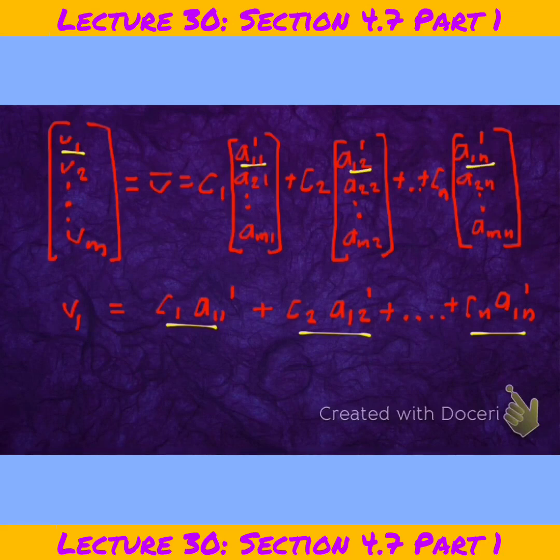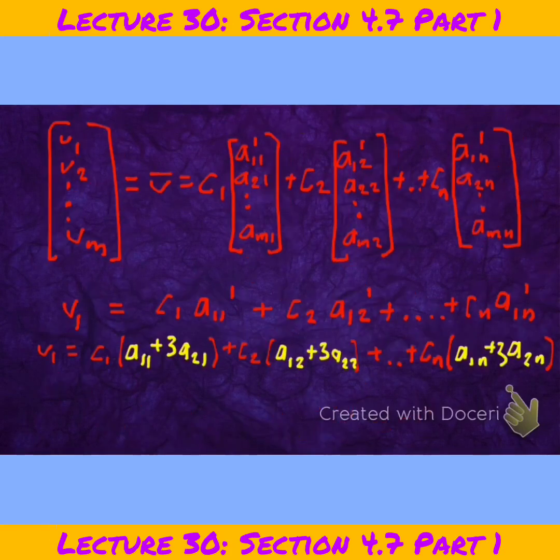Now, the operation I used to get the first row of the matrix B, recall that operation? It was the operation where I took the first row of A and changed it by adding 3 times the second row of A. So doing the replacement, we get the same vector V1, but we replaced these terms.